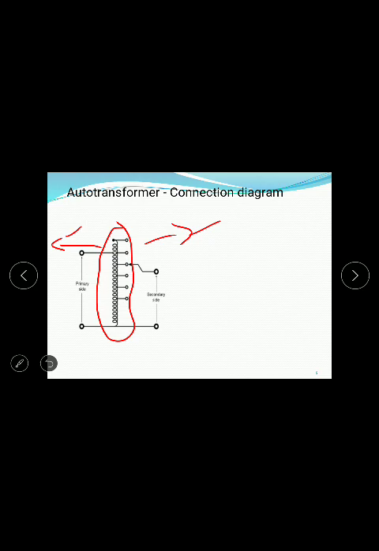Here the primary is connected to two taps, two wires here, and these are the taps. These are the tap windings. And this is the secondary side.